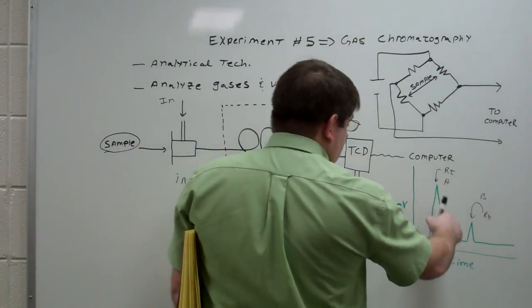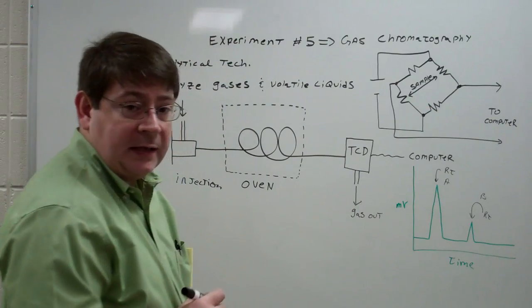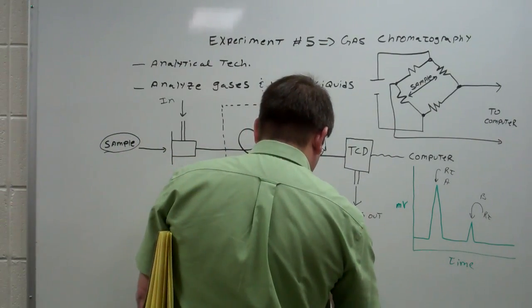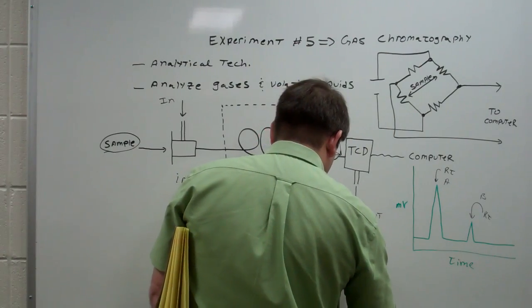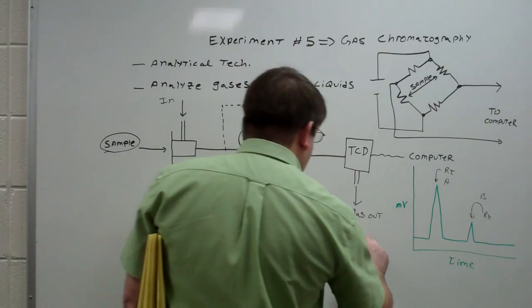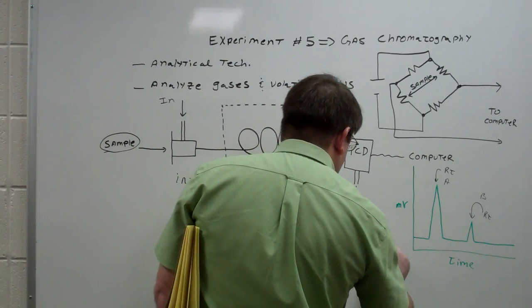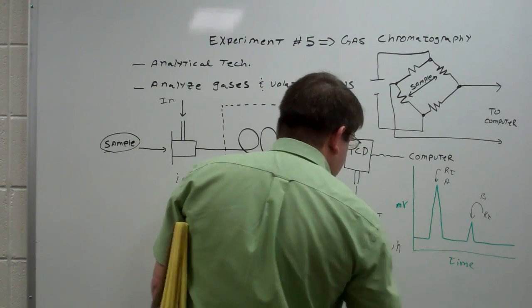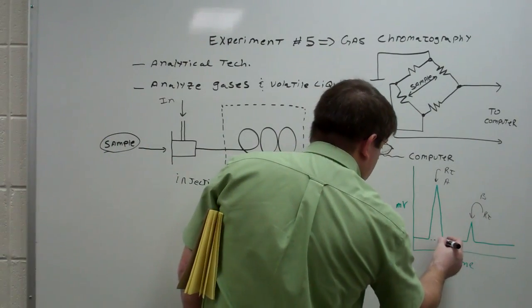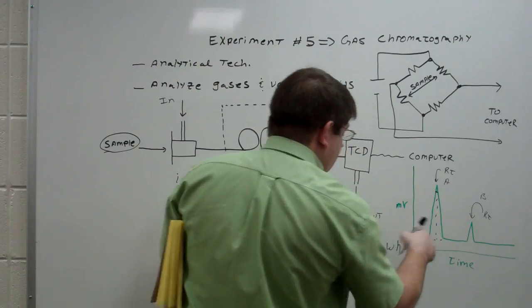Now these peaks approximate a triangle, and so we can actually integrate the peak using a very simple equation. We know that the area of a triangle is equal to 1/2 the width times the height. And so knowing the width of the peak and knowing the height of the peak, we can actually calculate the area.